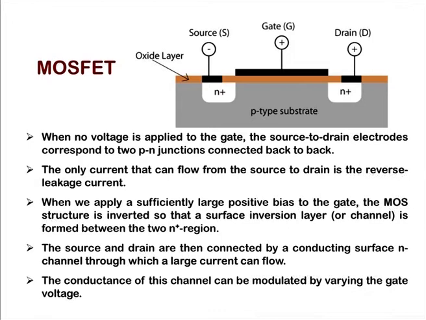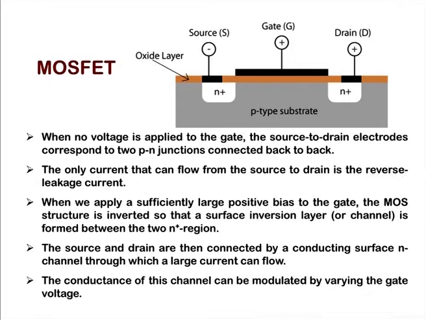Now, if we apply some bias on the gate, a positive bias here, negative charges will be generated on the semiconductor surface. If we apply sufficient bias above the threshold voltage, an electron layer will be generated on the top of this P substrate, and through this layer we can connect from the source to the drain.